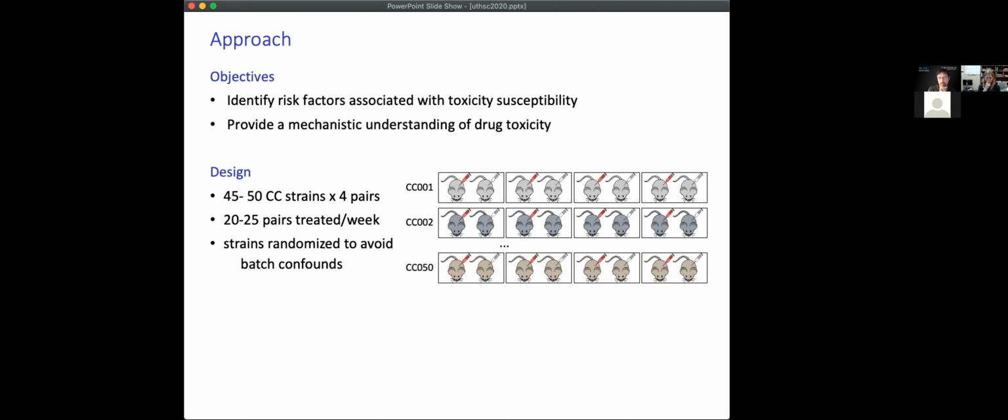So we have replicates of the pairs. William, just to clarify, by pairs, you mean litter mates of the same sex? Same sex litter mates. So each pair is the same sex litter mates, and they're randomly assigned the treatment or the placebo.